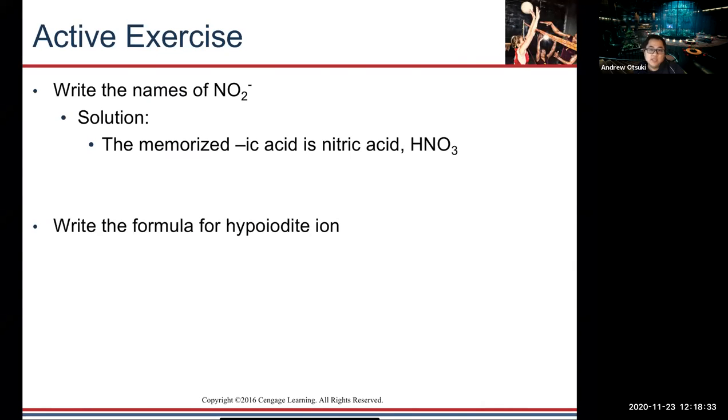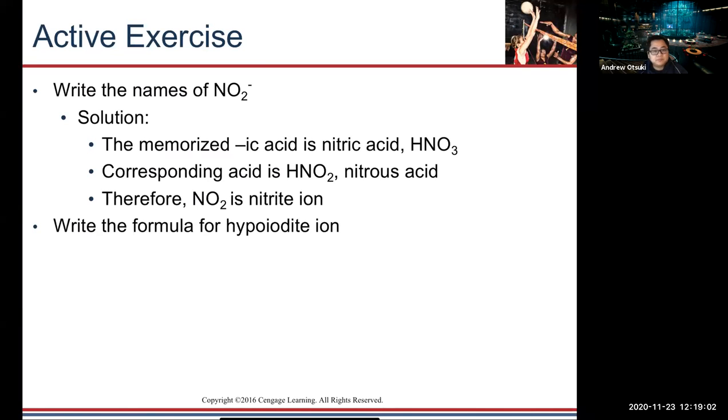This would be nitrous acid with its hydrogen still attached. But since we do not have the hydrogen there anymore, we remember the OUS ending becomes the ITE ending, so we call it nitrite ion. We don't call it hyponitrite. That doesn't count. It's not two oxygens removed. It's only one oxygen removed. So we have the OUS ending, nitrite. This is the nitrite ion.